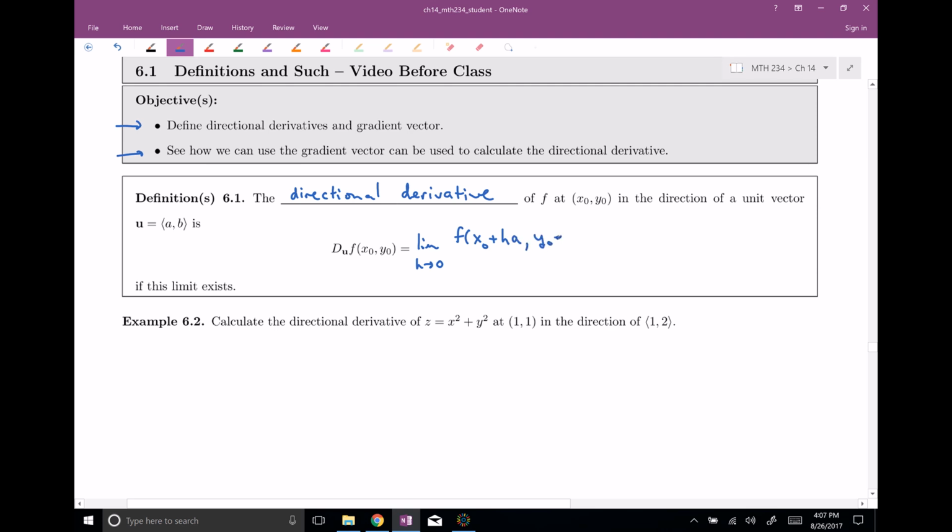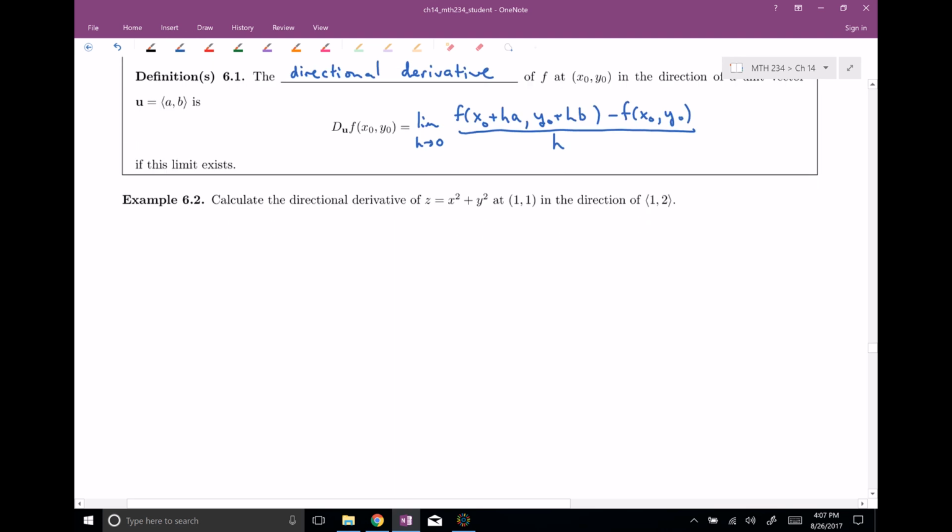Y naught plus, and then h, some of it will go here. How much? The b amount. Minus our function at x naught, y naught, all divided by h. So this kind of looks a lot like our partial derivatives, but we're just divvying up the h. We're not saying, hey, all of it go here or all of it go here, but we're going to put some in each.